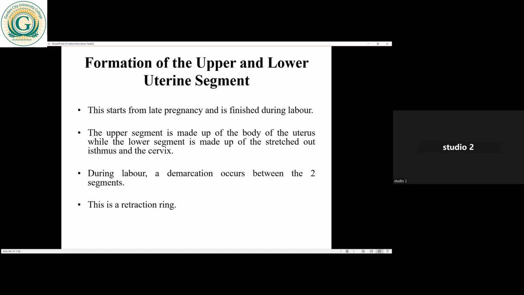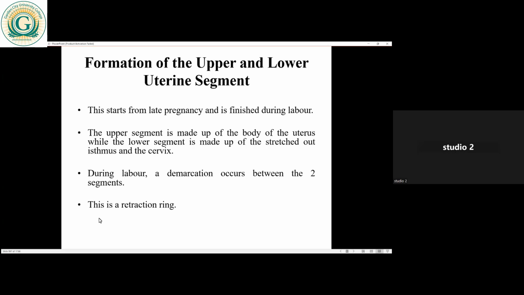Then we have another change that takes place, that there is formation of the upper and lower uterine segment, which I've just mentioned. It starts from late pregnancy and is finished during labor.